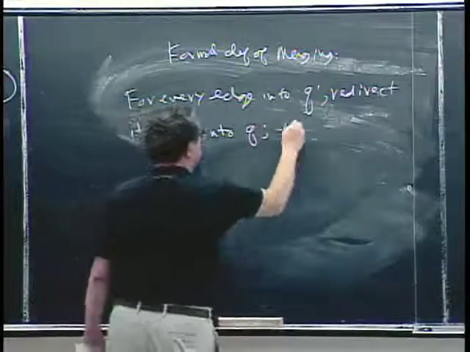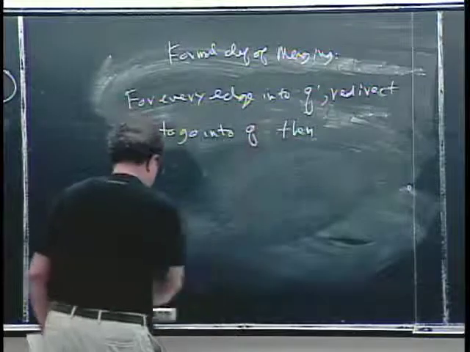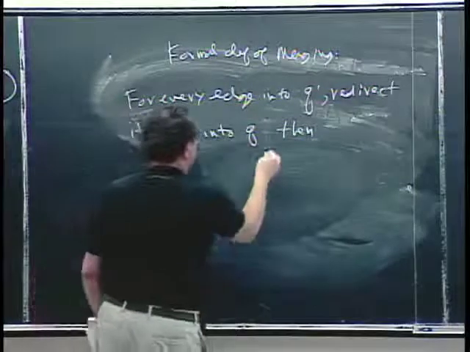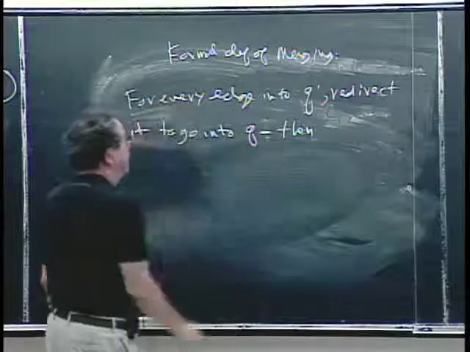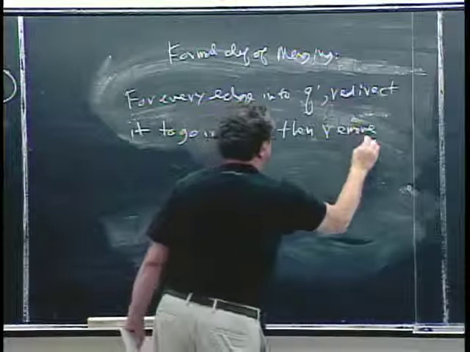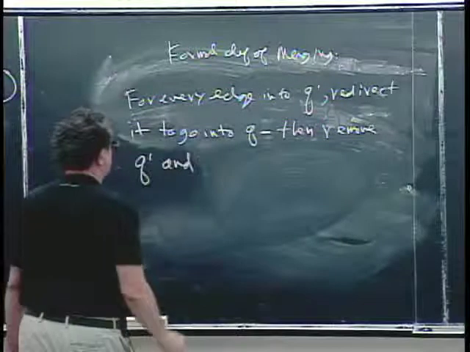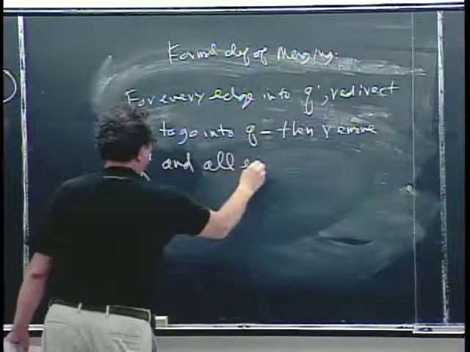And then, now this is hard to read, I know. It was a semicolon. Now make it a dash. This chalk is awful. Then remove Q prime and all edges out of it.